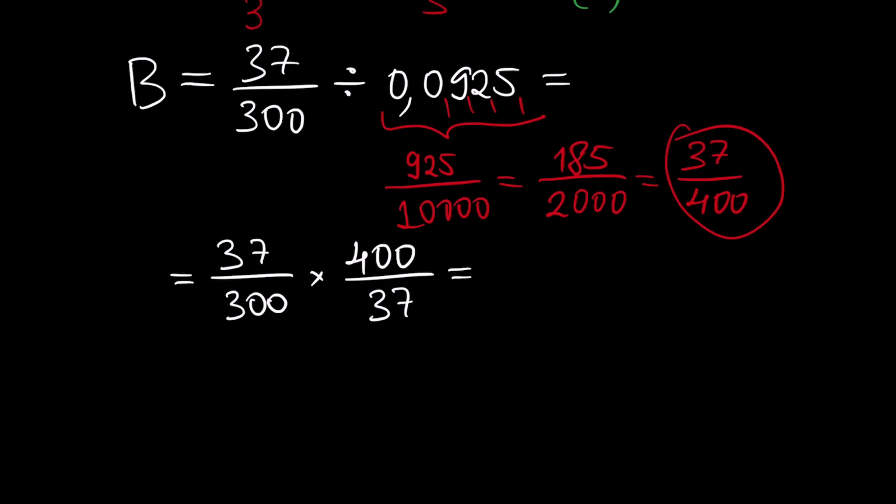We have cancellations here. 37 and 37 are cancelled out, and these zeros, because we can write 300 as 3 times 100, and 400 can be written as 4 times 100, and the 100s are cancelled. So we have 4 over 3. So 4 over 3 is our B.